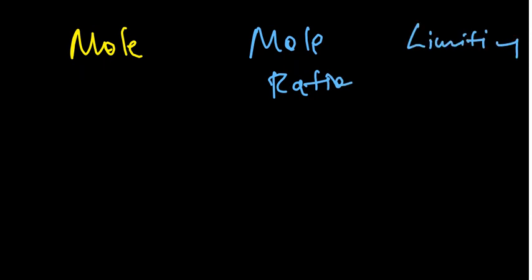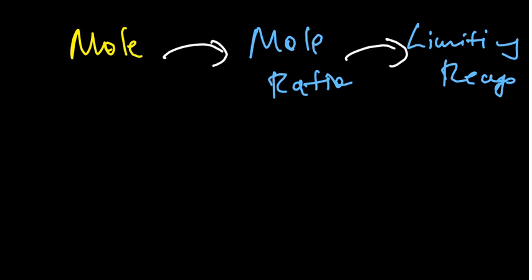For your own information, these are dependent on one another. You can't understand what mole ratios are if you don't understand what a mole is, and then you can't understand what a limiting reagent is if you don't know these two, moles and mole ratios.